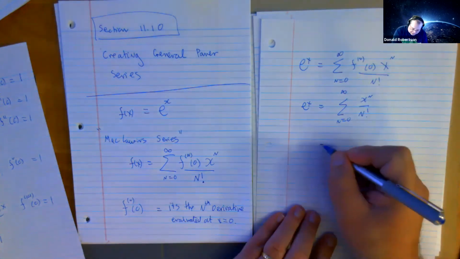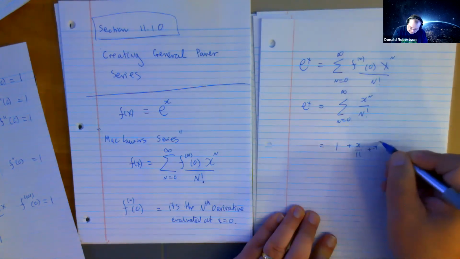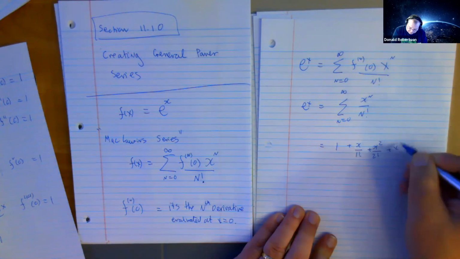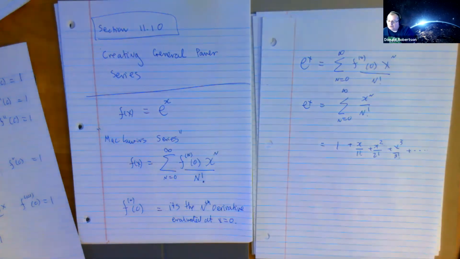And if you want to see what that guy looks like, isn't there something really symmetric and elegant about e to the x?